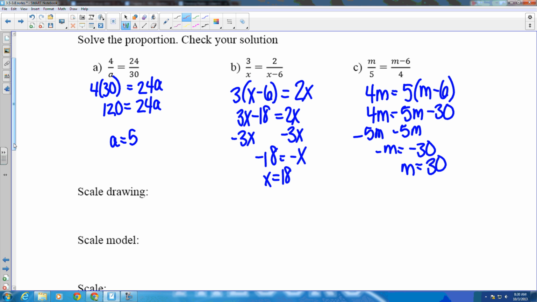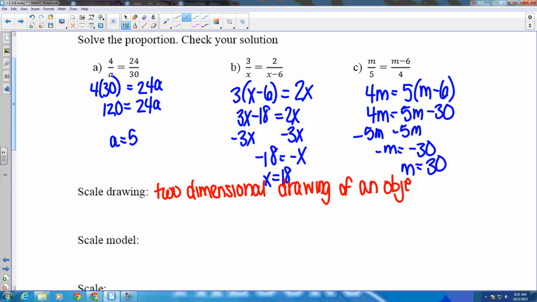And the last thing with this section, we have scales, scale drawings, models, and regular scales. A scale drawing is a two-dimensional drawing of an object. So a lot of house plans would fit this description, where the dimensions are proportional to the real object that it was drawn.